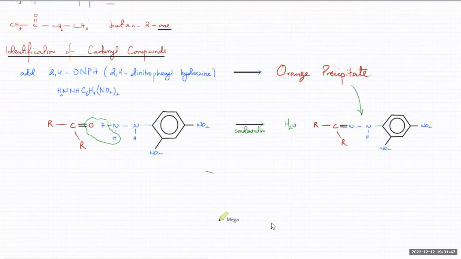And so the other thing about this is, how do you differentiate between an aldehyde and a ketone? So first thing is, you're going to identify whether it's a carbonyl or not. And the next thing is whether it's an aldehyde or a ketone.